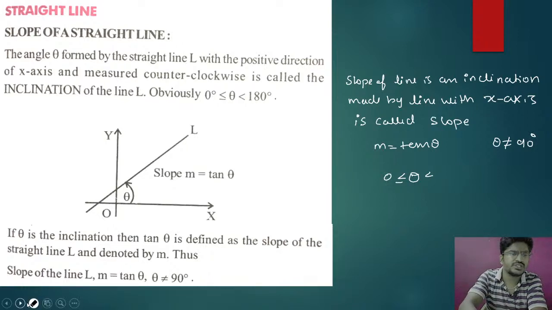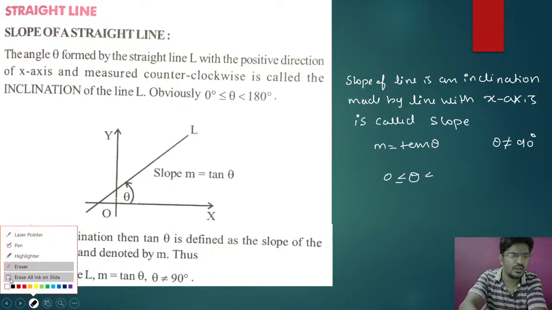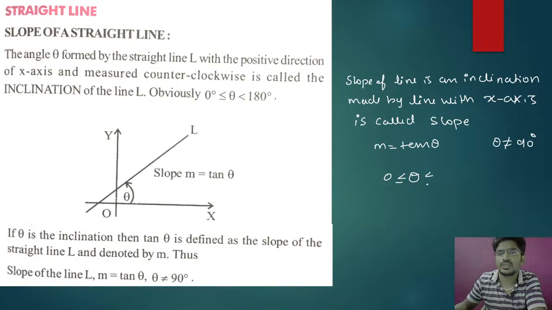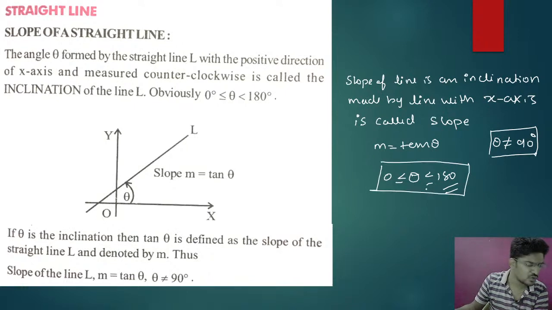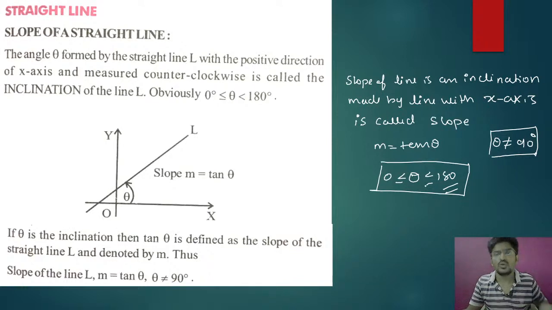Theta is in between 0 to 180 degree and theta is not equal to 90 degree, because we all know that tan 90 is not defined. So that's why theta must not be equal to 90 degree and theta can be in between 0 to 180 degree. So this is the definition of slope.